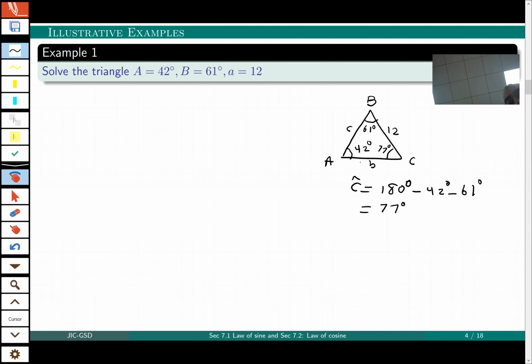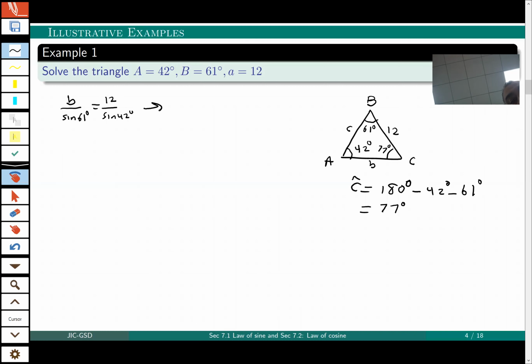We will say we have b divided by sine 61, which must equal 12, which is a, divided by sine 42.